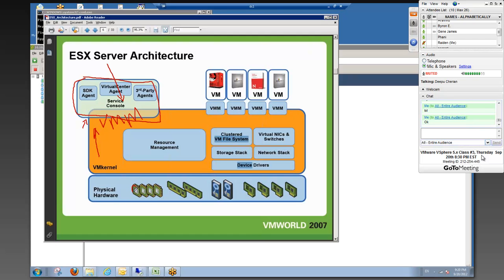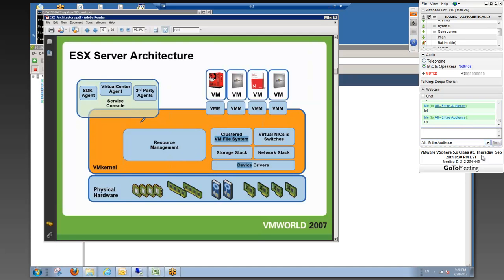The VM kernel always makes sure that CPU 0, which means the first CPU, is always assigned to that. No matter what, whether these VMs take all the CPUs or not, the VM kernel will make sure that it lets these guys use all of them, but this first CPU will always be given to the service console.